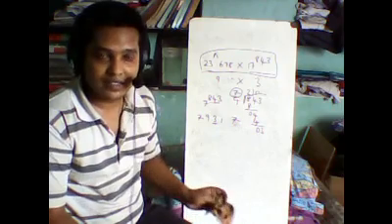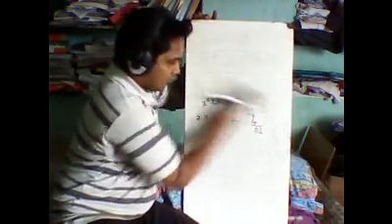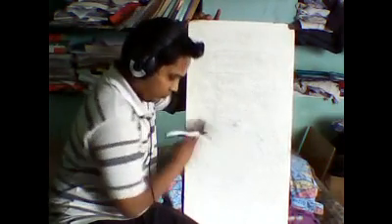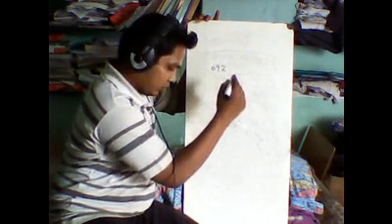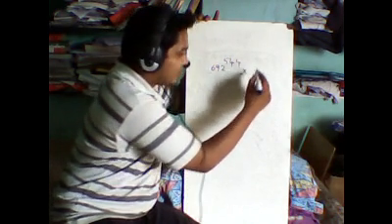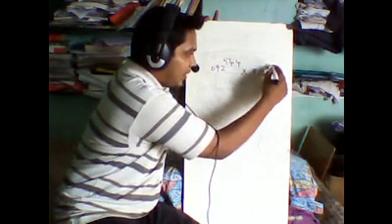Now let us look at the second problem. The last digit of 692 to the power of 544 into 734 to the power of 877.